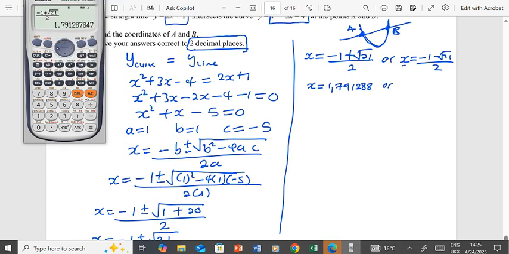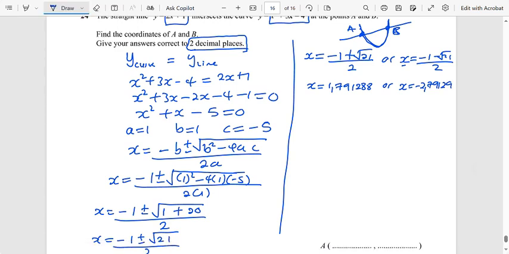Second one, I have to put a minus. So a minus gives me x is equal to minus 2.79129 rather. So I'm not going to rush you into rounding off because that's not my final answer.